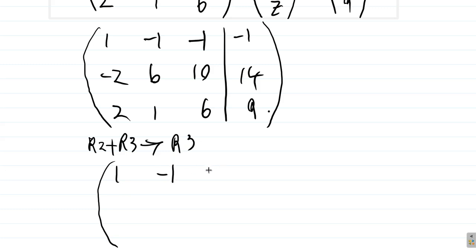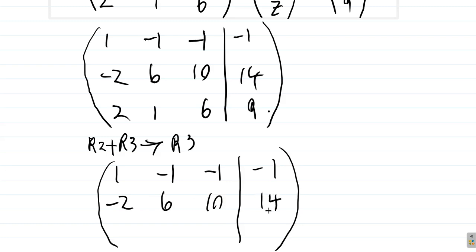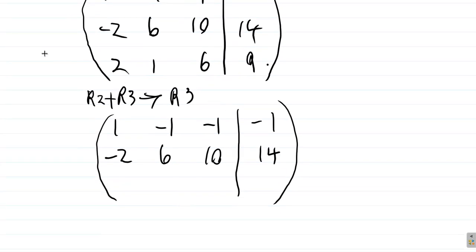Row 1 remains as it is. Row 2 also remains as it is. But when it comes to row 3, you add row 2 to row 3 to give you your new row 3. Negative 2 plus 2 is 0. 6 plus 1 is 7. 10 plus 6 is 16. 14 plus 9 is what? 23. Good. You have your 0 there.